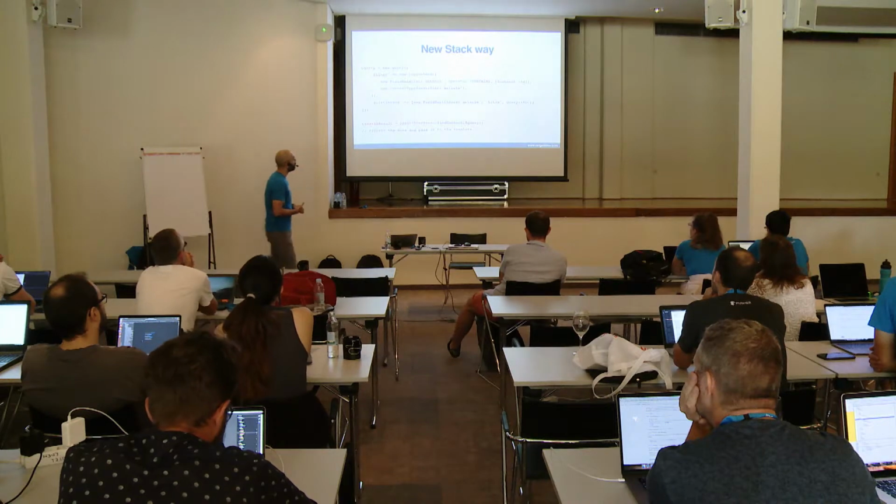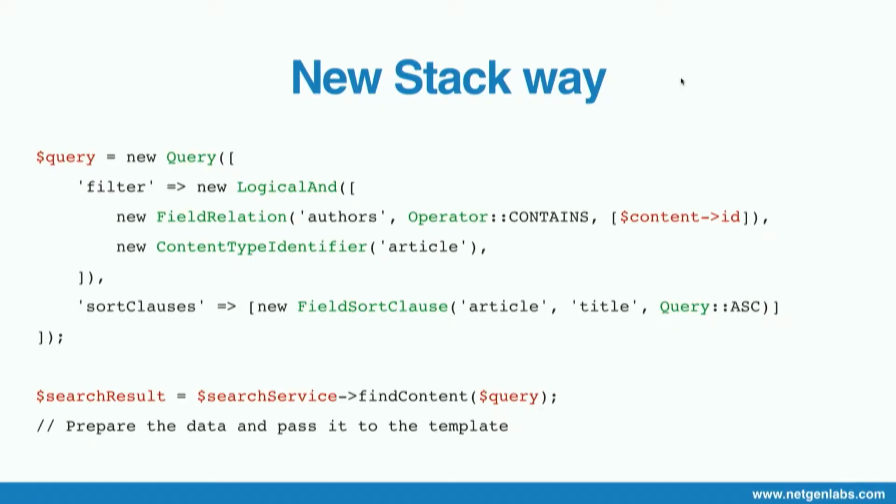Then here's how you would do it in the new stack without Site API. This code would belong to a service with your business logic, or maybe you would do this inside of a controller action. So basically you need to use the search API.